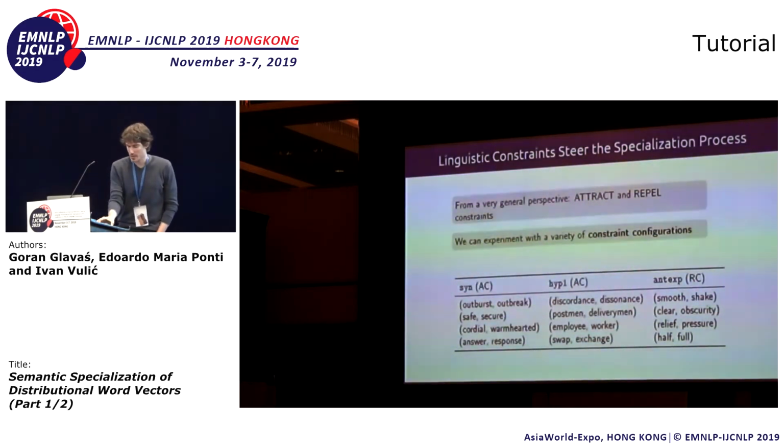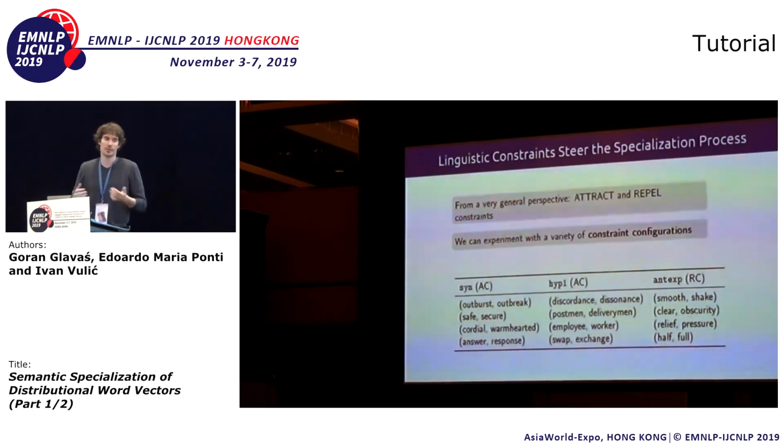One thing to mention here is that the linguistic constraints are the main driving force behind the specialization method when you do post-processing. It's basically junk in, junk out, or non-junk in, non-junk out. So if you want to specialize for true semantic similarity, you can even put in additional constraints which are not true synonymies. For example, we saw that one-path hypernymy correlates well with true similarity, so we might also want to include one-path hypernyms in the specialization, and you might even expand your list of synonyms and antonyms like Ono et al. did in their paper.